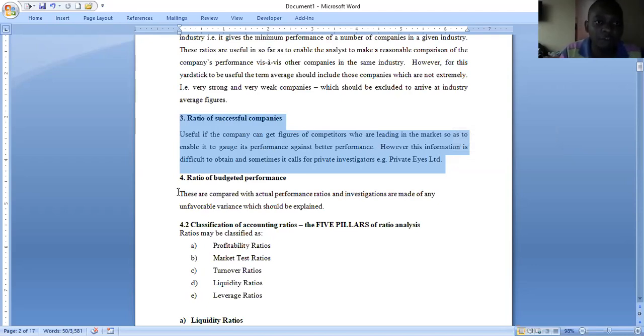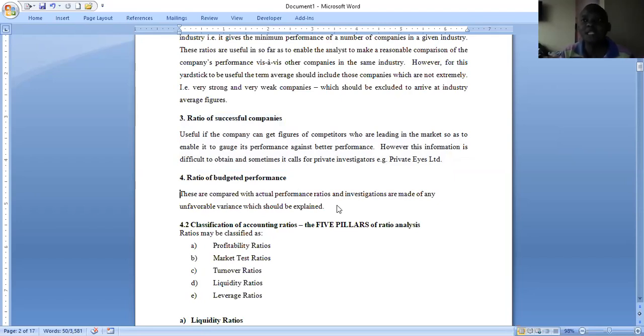We can also use number 4 as a yardstick of performance in ratio analysis, the ratios of budgeted performance. As managers, we need to have goals to achieve. We need to have profit goals. For these profits we also have ratios for profitability, like the gross profit margin, the net profit margin, the return on total assets, return on investments as profit ratios.